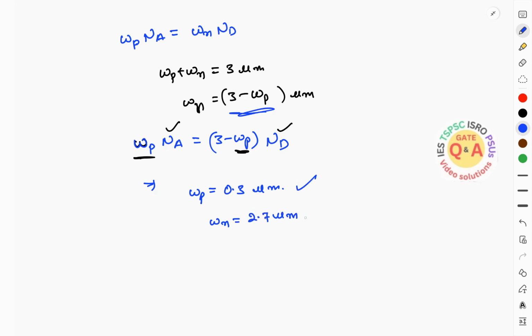This is the P side depletion width. This is the N side depletion width. Why do we get the P side with less width and the N side with more width?